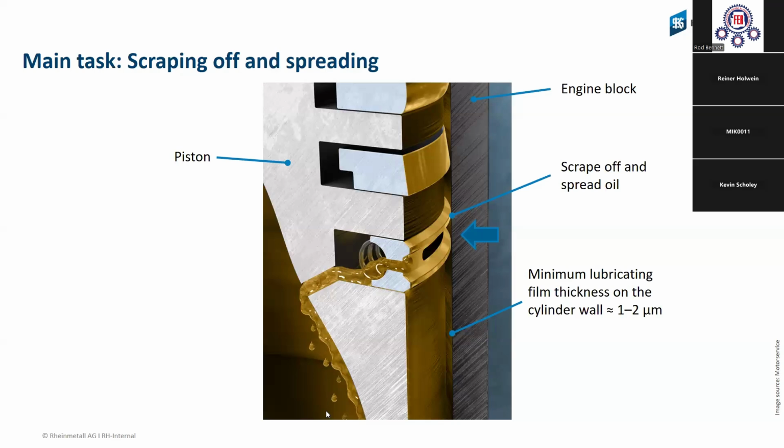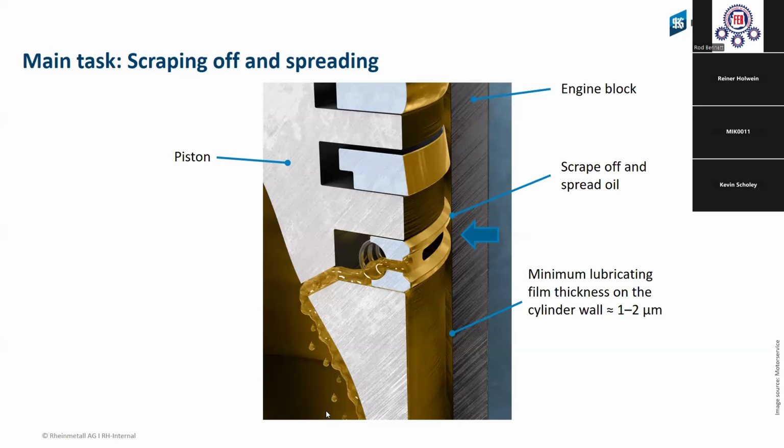Each piston that we create in our engineering department can look different in how we transfer the oil back to the oil pan. Not every piston has a hole between the oil scraper ring and the inside of the piston.